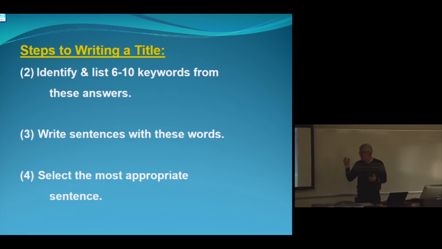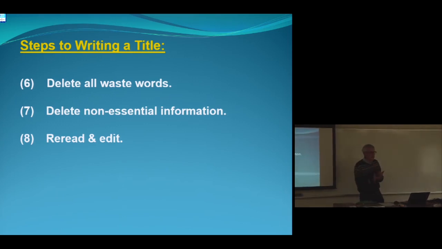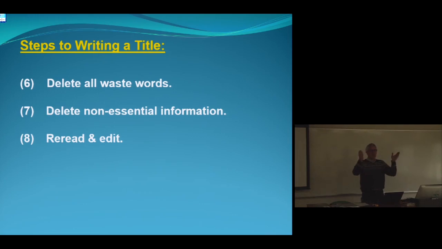So write out as many sentences as possible, and then start to select, oh, this sentence looks better than this one. And then slowly start to mold that title so that you delete all unnecessary words or non-essential information, reread and edit, so that in the end you come up with a title that doesn't have to be grammatically correct.